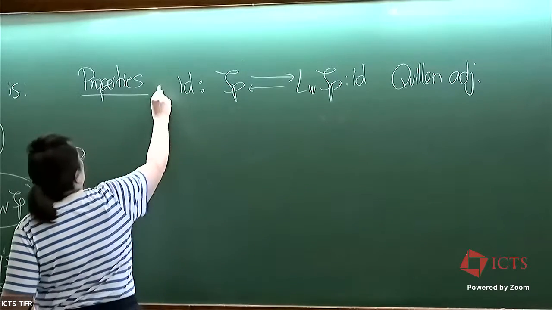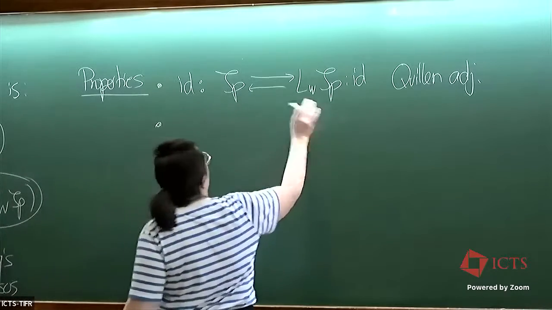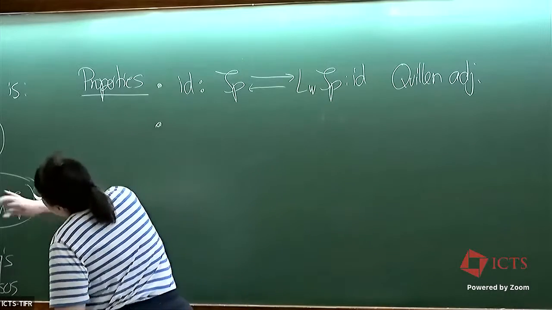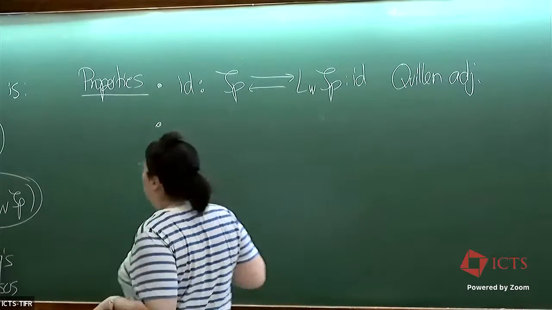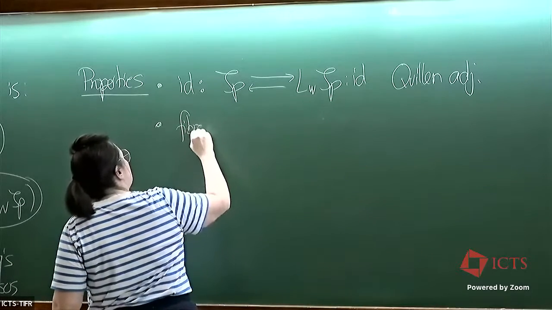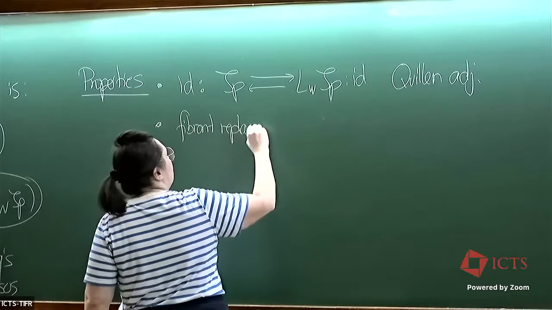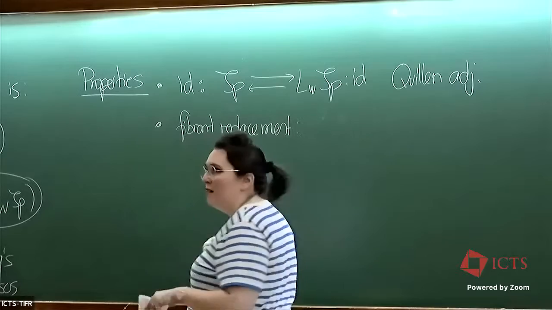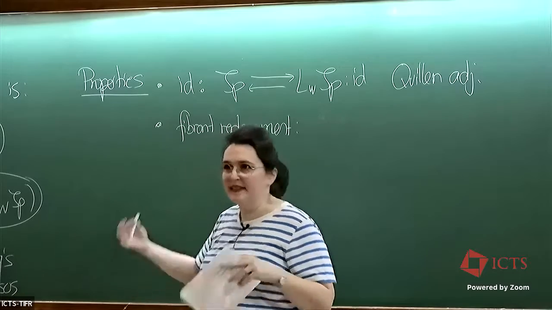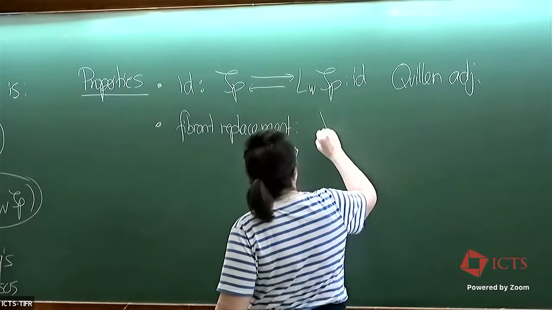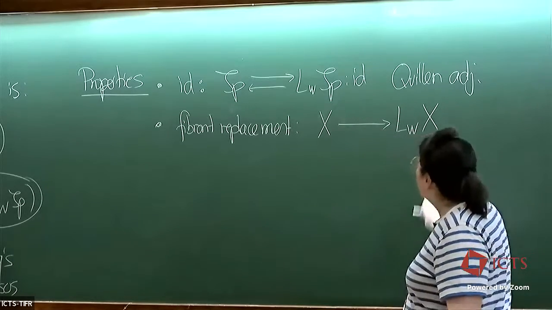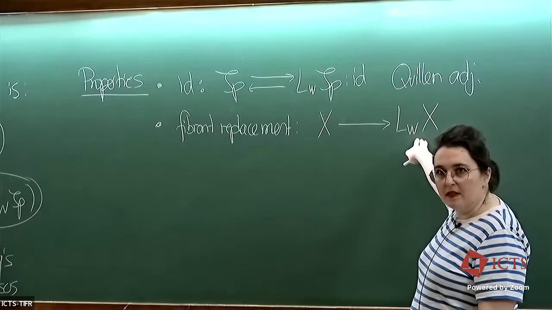And if we zoom in away from the whole category back to just individual objects, the new fibrant replacement in that model structure gives us the following. So fibrant replacement, we talked about last time, is where we take an object and replace it with an equivalent object that is nice. In this case, it means we take an X, and the fibrant objects in here are precisely the local objects.